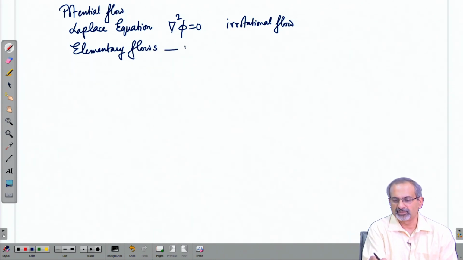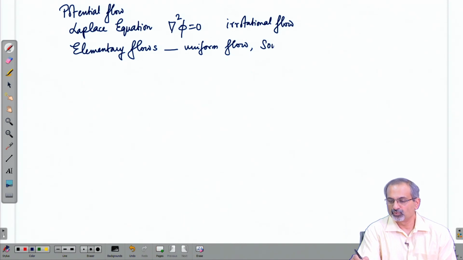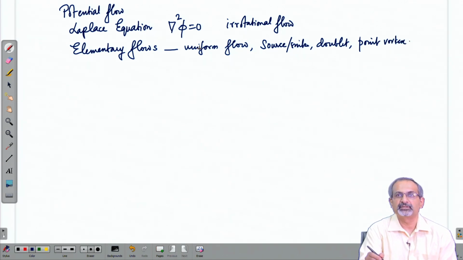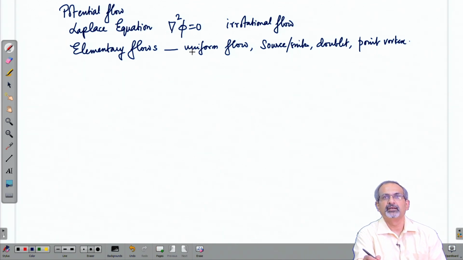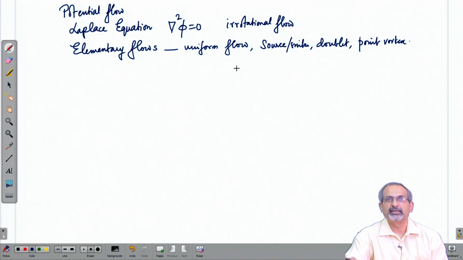For example, we have learnt about uniform flow, source, sink, doublet, and point vortex. Also, we remember that because the Laplace equation is a linear partial differential equation, if you combine these elementary flows in certain linear combination, that also is a solution of the Laplace equation.